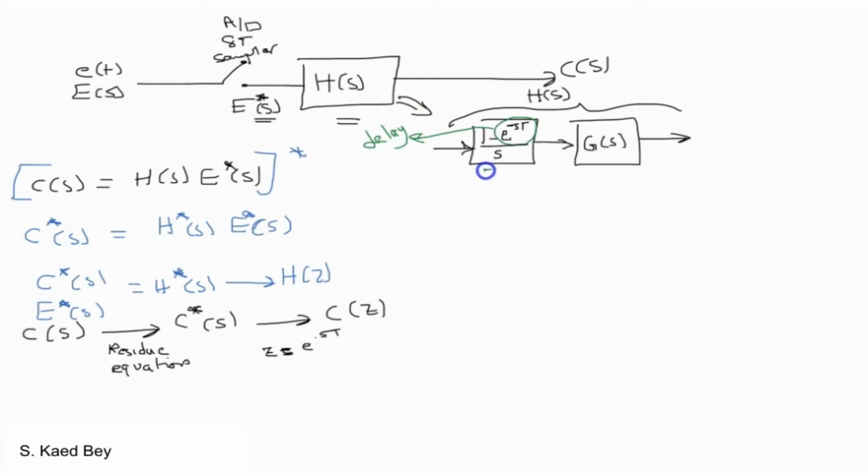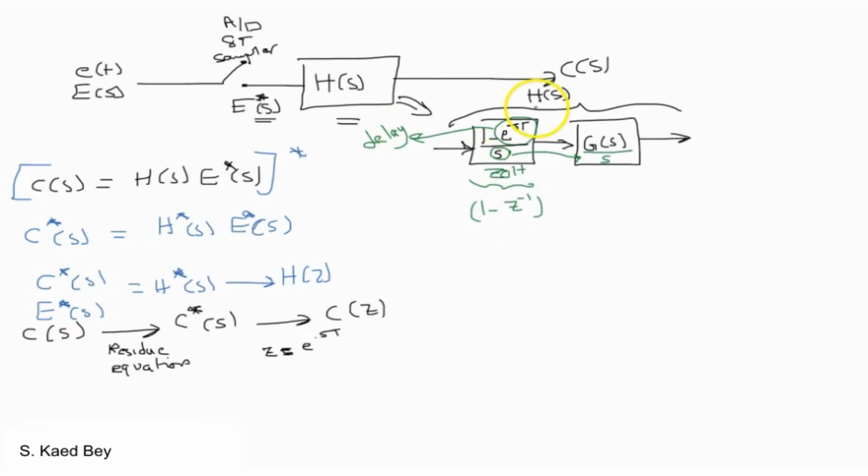So the zero order hold always introduces a delay to the plant transfer function. And for convenience, we can move the denominator of the zero order hold to the denominator of the plant transfer function. In this case, we can express the zero order hold as 1 minus z to the power minus 1.